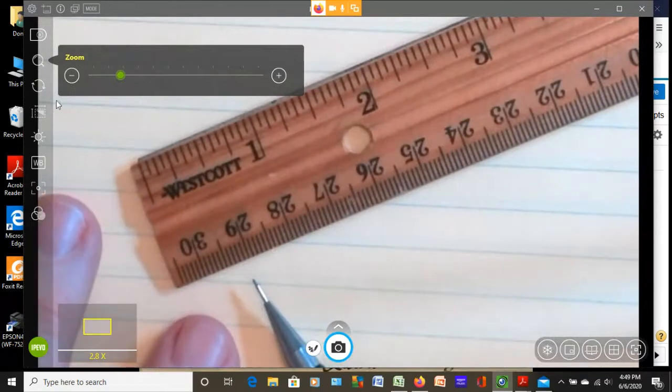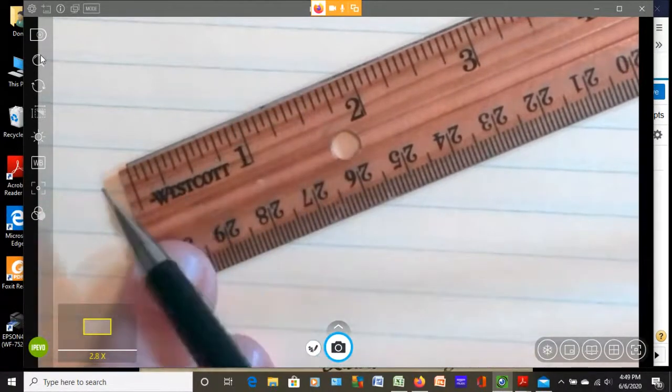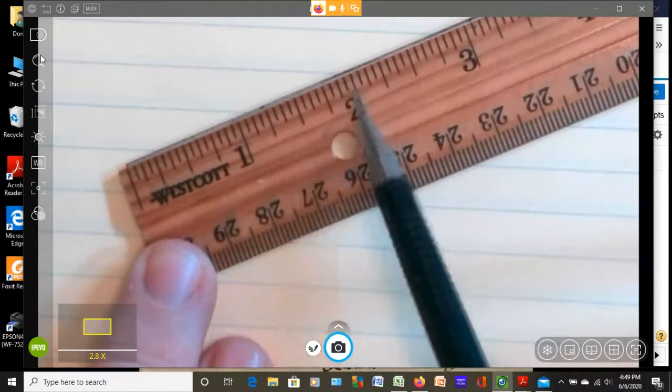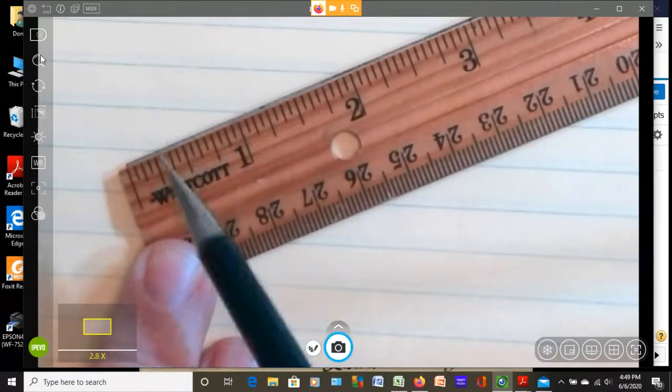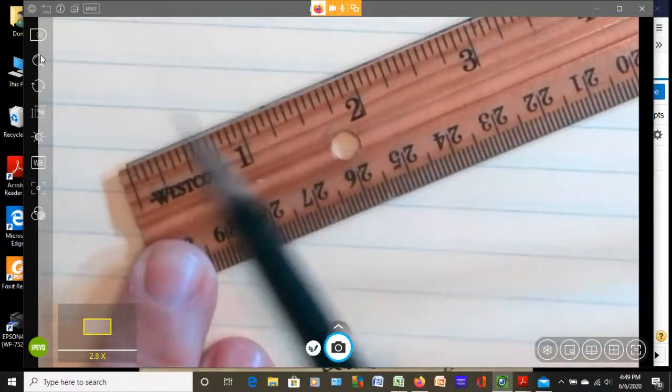Not bad. Now please notice that this is 1 inch. This is 2 inches. So that's a unit of measurement, 1 inch, 2 inch. It goes on out, and there's 12 of them on this ruler.